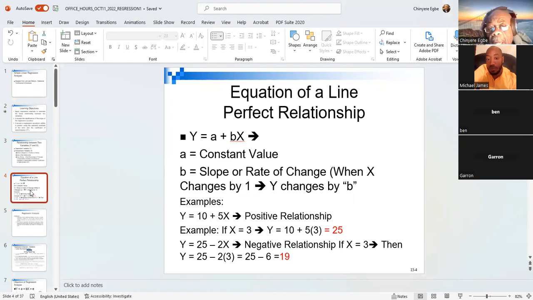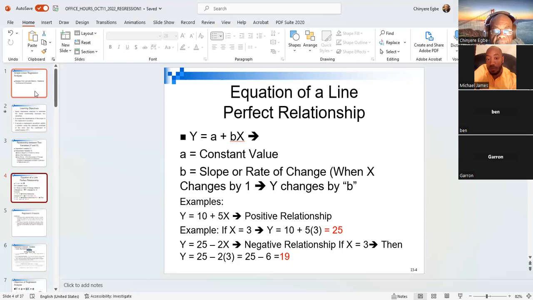So now regression analysis is done using what you already know in algebra, the equation of a line. You use the equation of a line to do regression analysis. And that equation is based on what you already know. Y is equal to A plus BX.